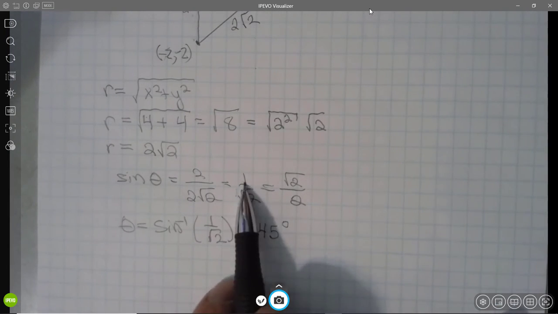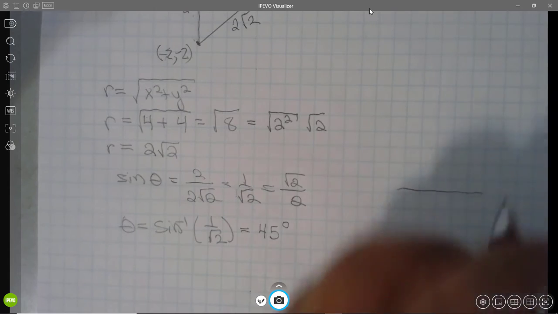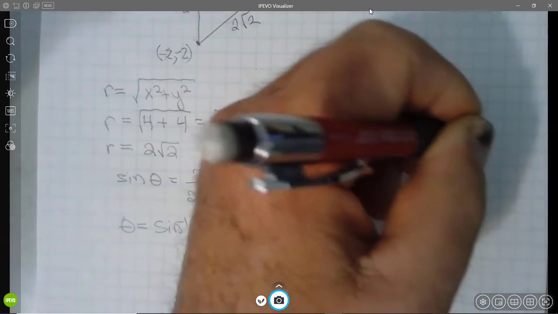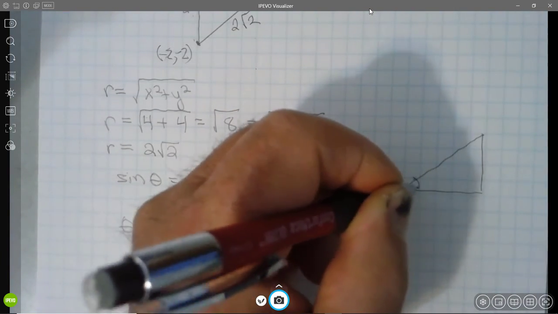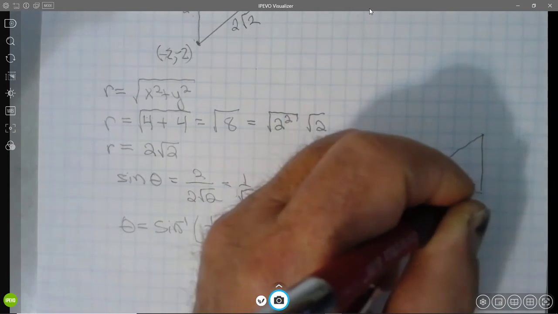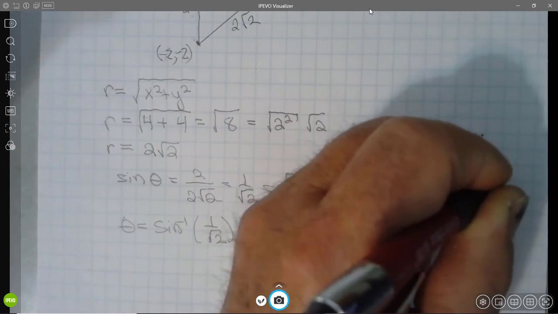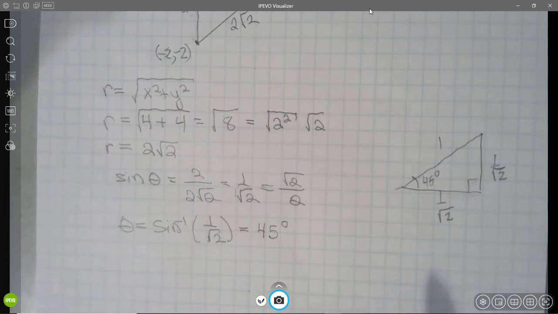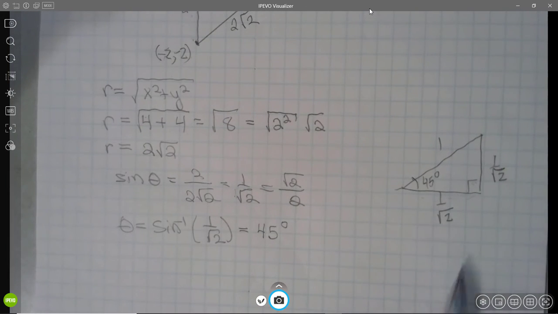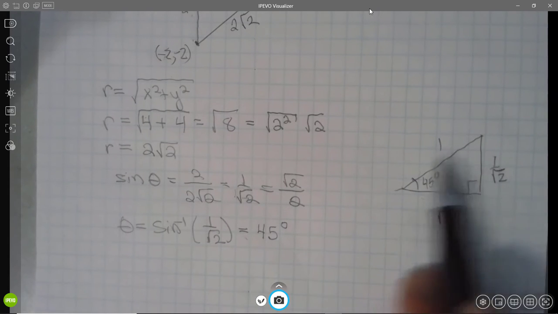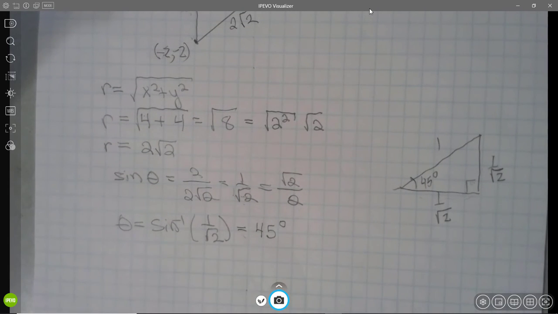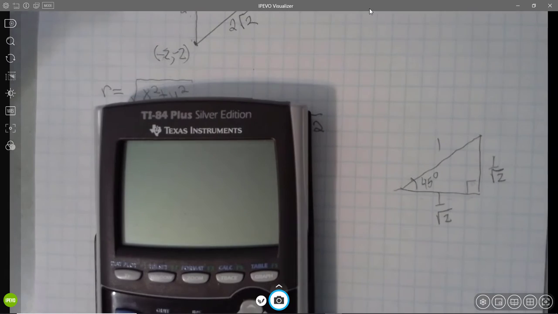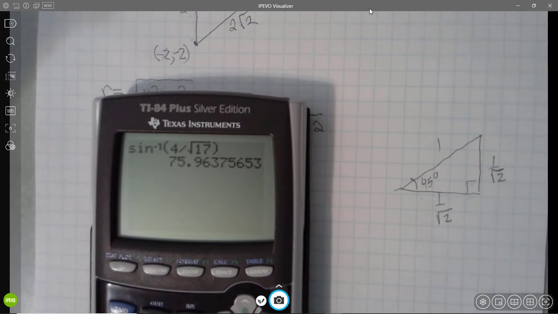Or you could say this way, we memorize this triangle right here. A 45, 45, 90 triangle has hypotenuse 1 and legs of length 1 over root 2. So if you got this memorized, then you just recognize that and you're done. If you don't, then your calculator can do it for you, but it's an extra step.